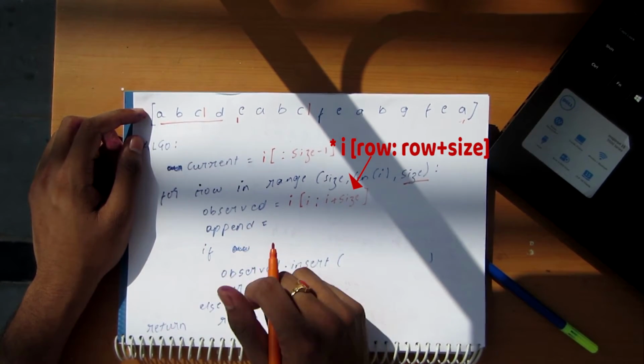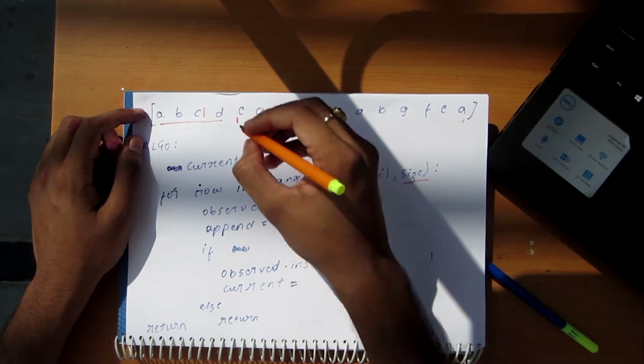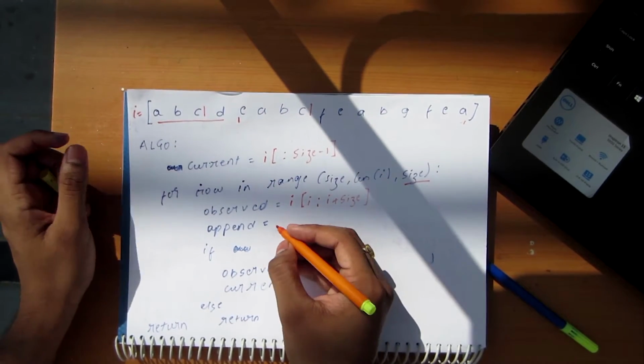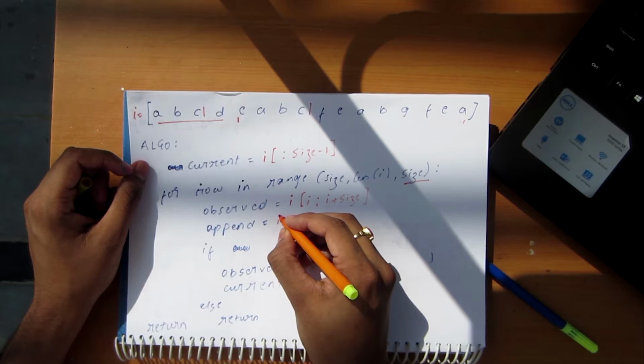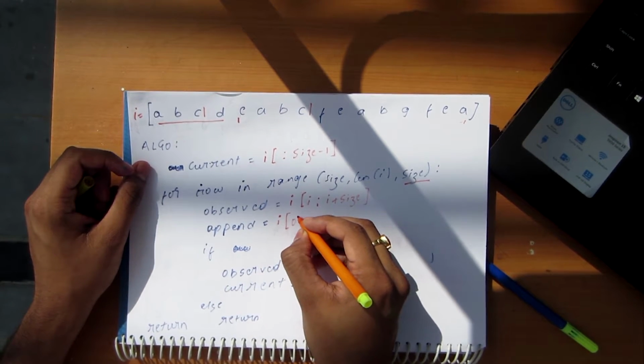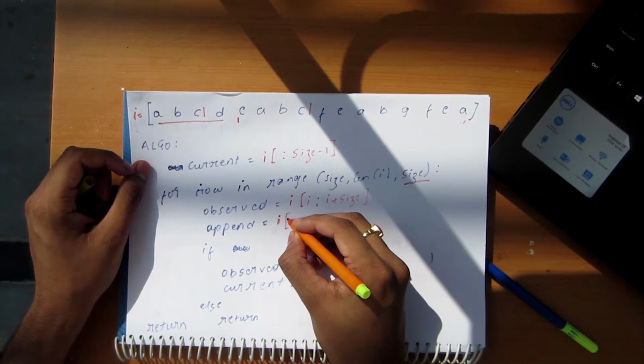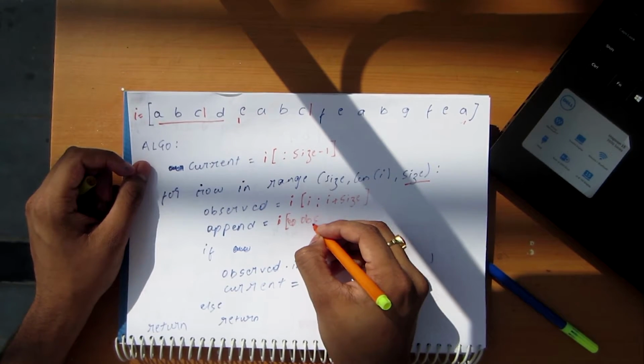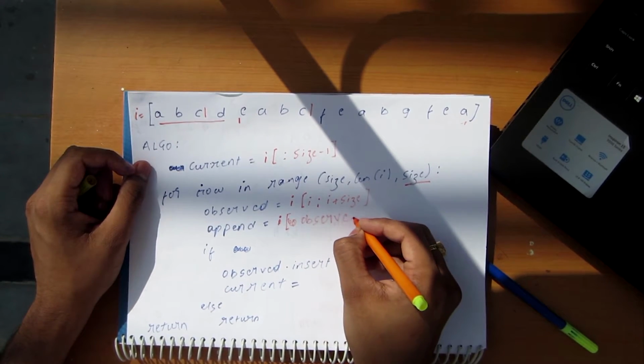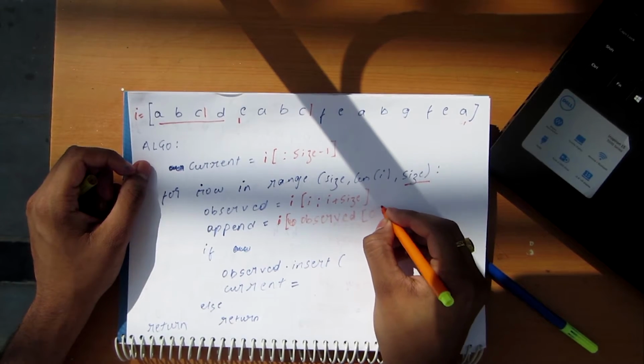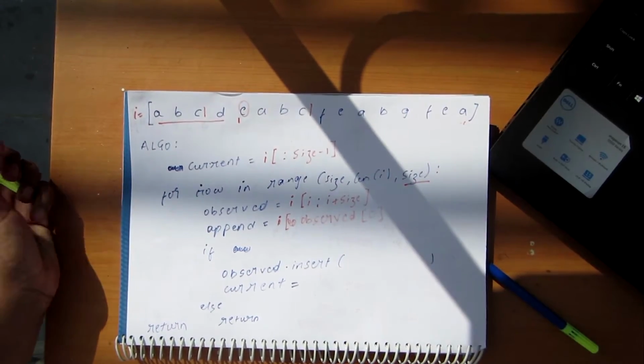We will take this append element, which should be the first element of the second row as we have already seen. So we actually take observed of 0, the first element of the observed.